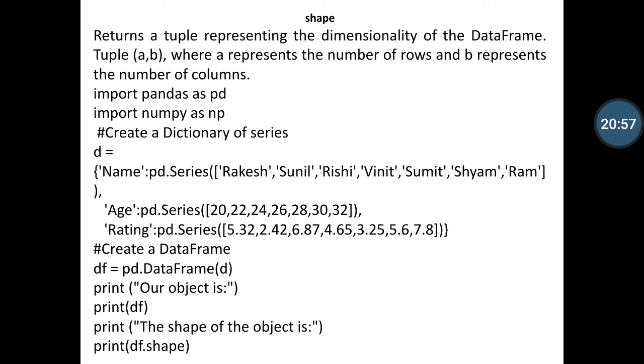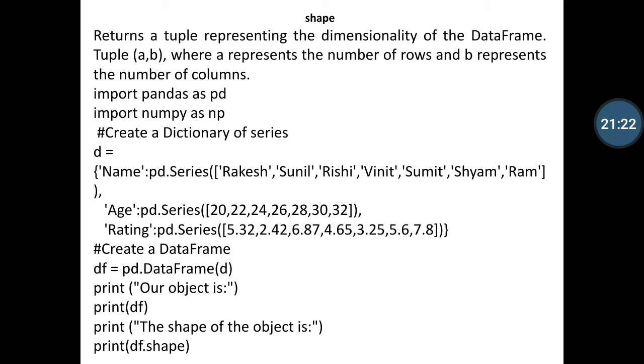And then I define the shape option of the data frame. It returns a tuple representing the dimensionality of a data frame, tuple a comma b, where a represents the number of rows and b represents the number of columns. So first you import both libraries, then create the dictionary as per the previous example.